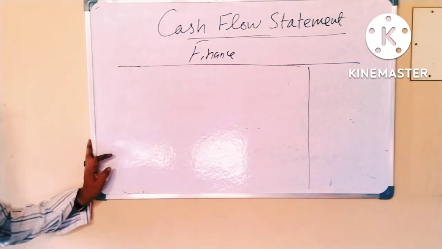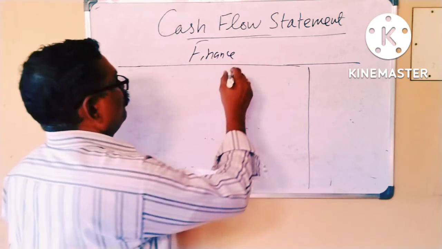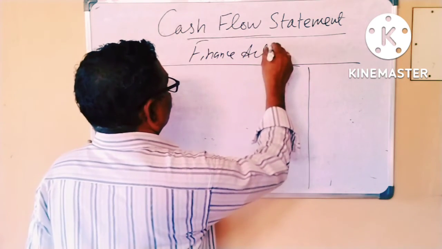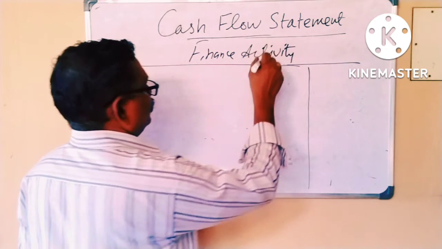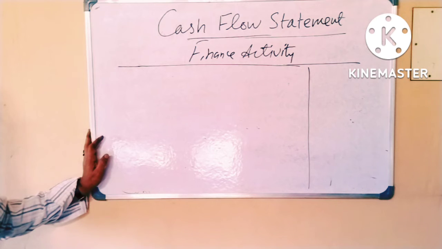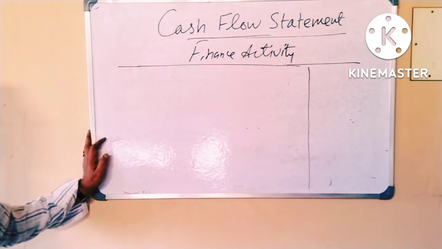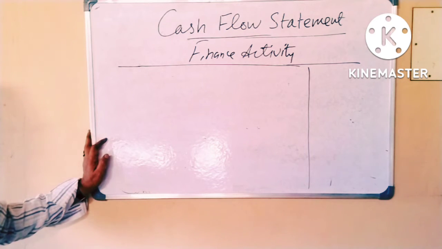Taking loan, issuing shares, repayment of share, repayment of debenture, taking loan and repayment of loan are the things related to finance activity. When we take a loan, it is a case of inflow because at that time we get money. When we repay a loan, we have to pay money to outsiders. That is a case of outflow.